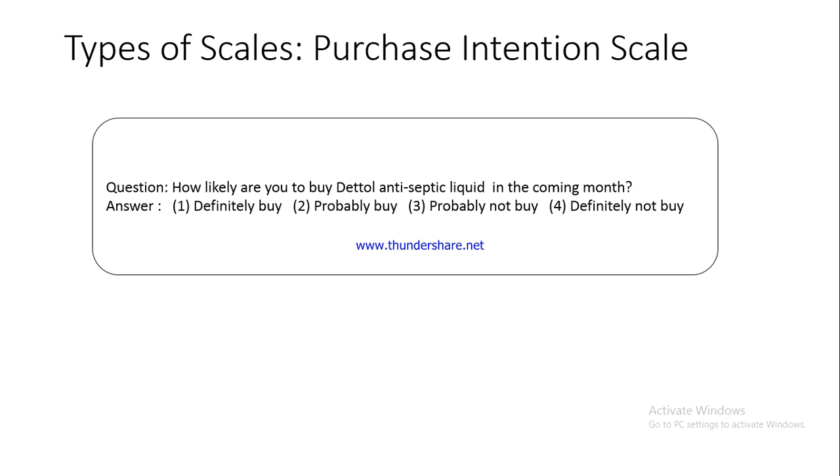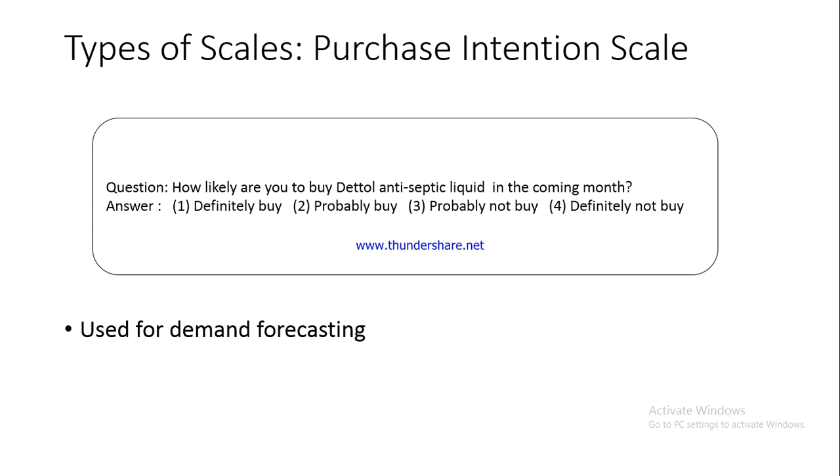The example says, how likely are you to buy Dettol antiseptic liquid in the coming month? So definitely buy, probably buy, probably not buy, and definitely not buy. There can be a fifth response category also between 2 and 3, where we can specify undecided as an option. So then there will be 5 response categories: definitely buy, probably buy, undecided, probably not buy, and definitely not buy.